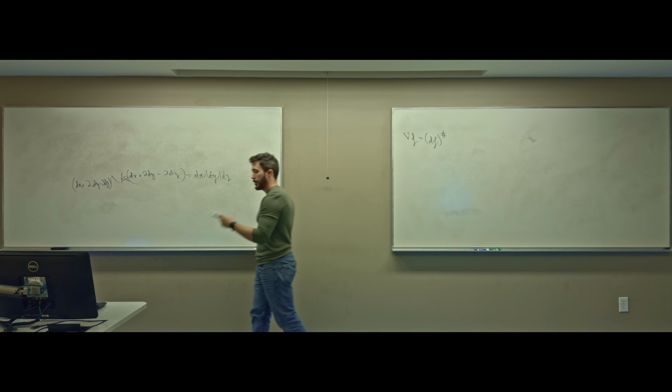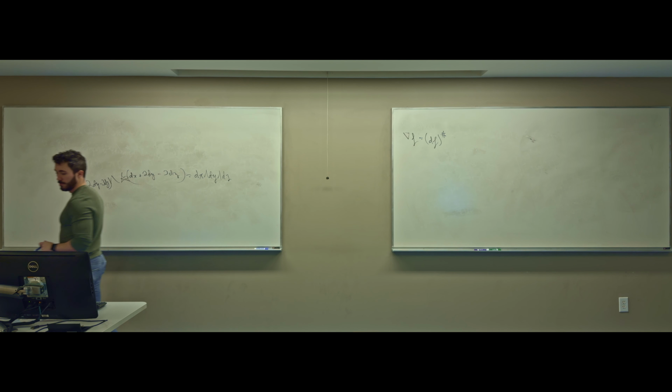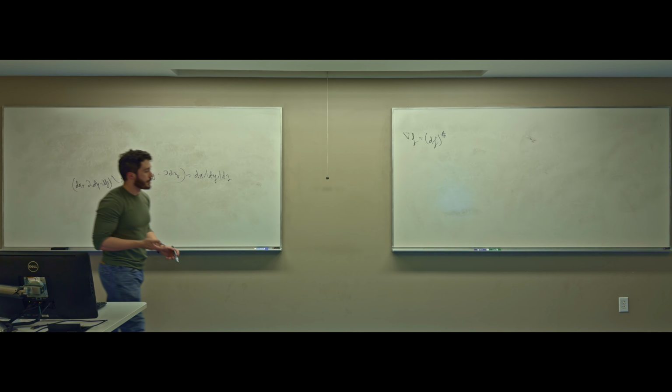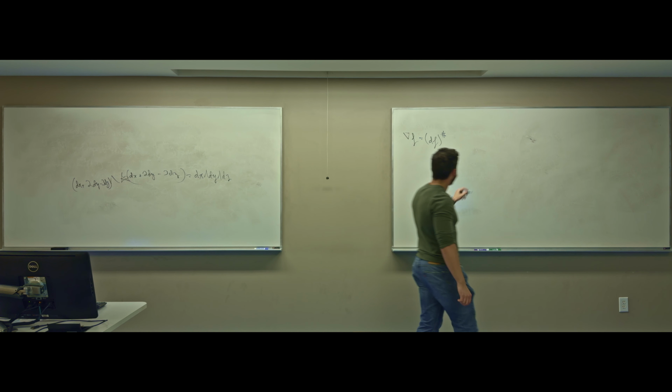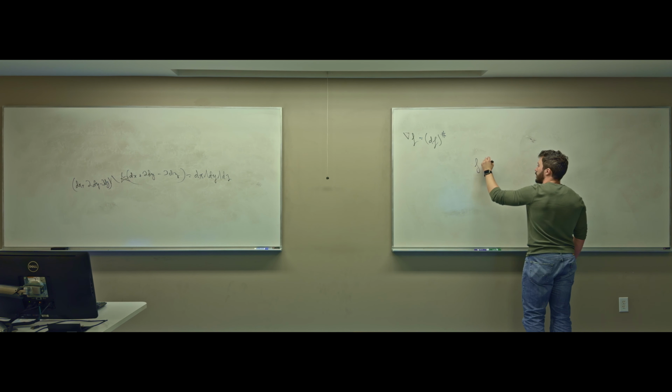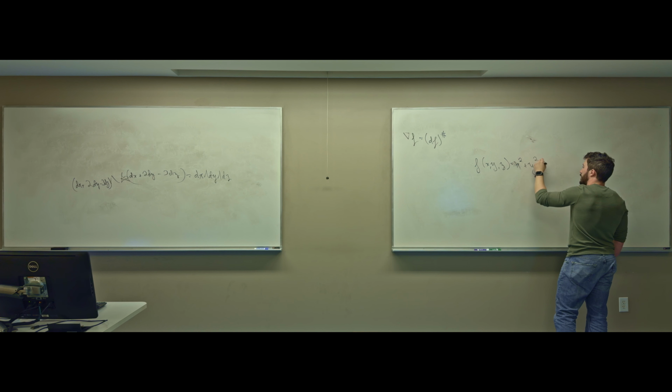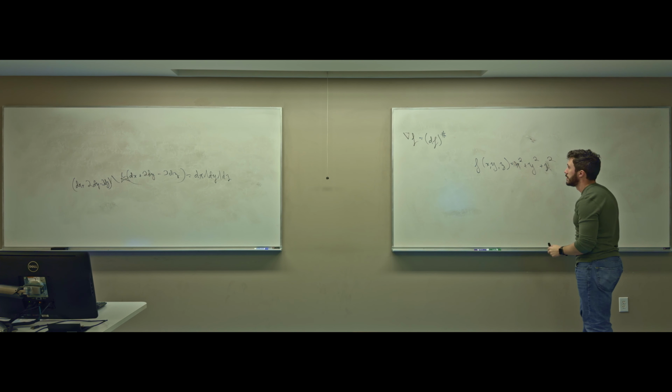You take the exterior derivative of the function and you sharp it to get a vector field. So namely, if I take a function like this, f is just the radial function squared.